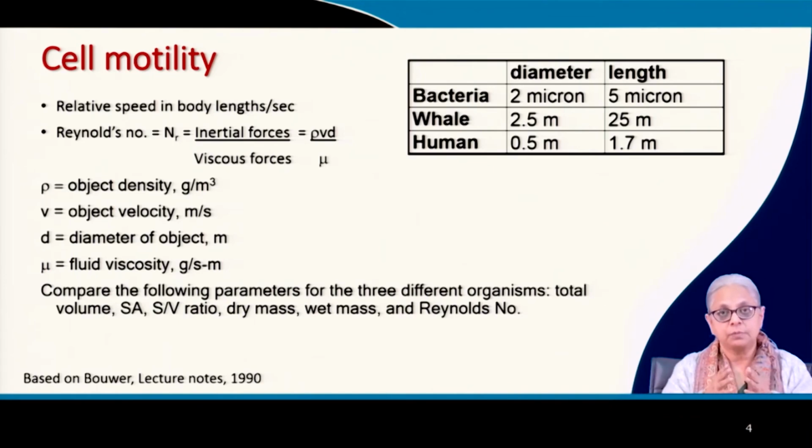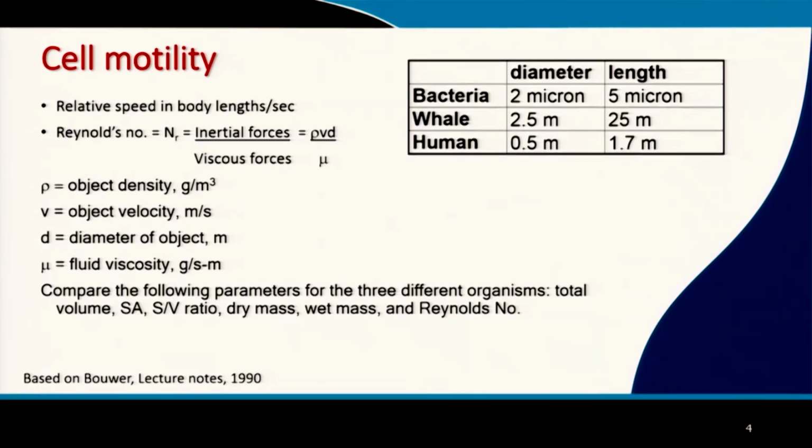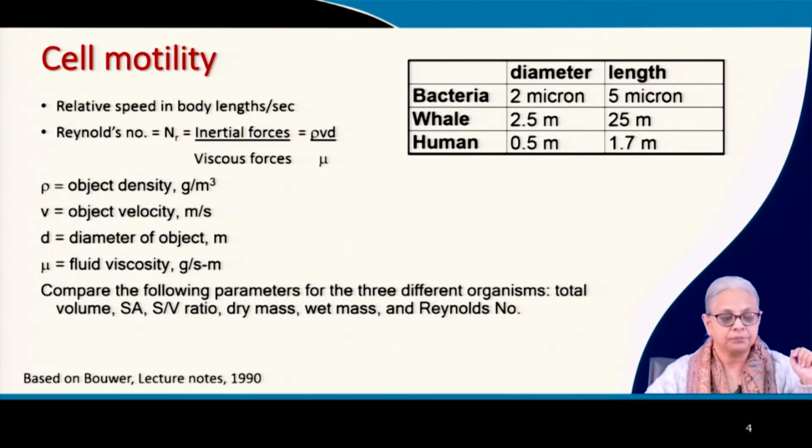When you have a bacteria, you have microns. When you have whales, you have a few meters. And humans have a length of more than 1 meter. That is just to give us a sense of relative speed. So that is one parameter that is calculated over here.